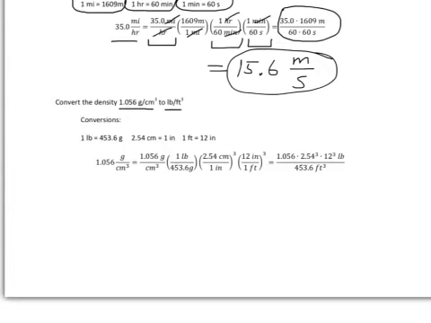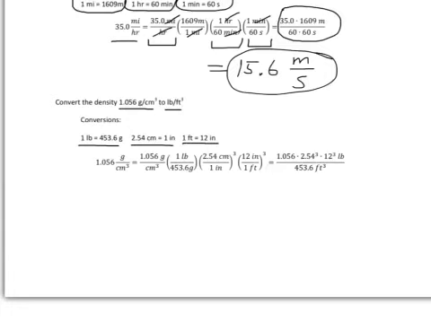And this illustrates something important about cubic units. So, in this problem, the conversions I have are listed here. 1 pound is 453.6 grams. We have our familiar 2.54 centimeters equals 1 inch, and 1 foot equals 12 inches.